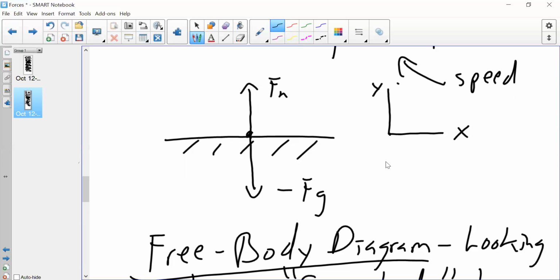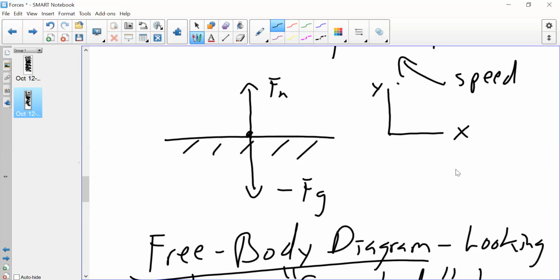Well, let me be a little bit more accurate with that. If we're just looking at the book and the table, Newton's third law says, for every action, there's an equal and opposite reaction.